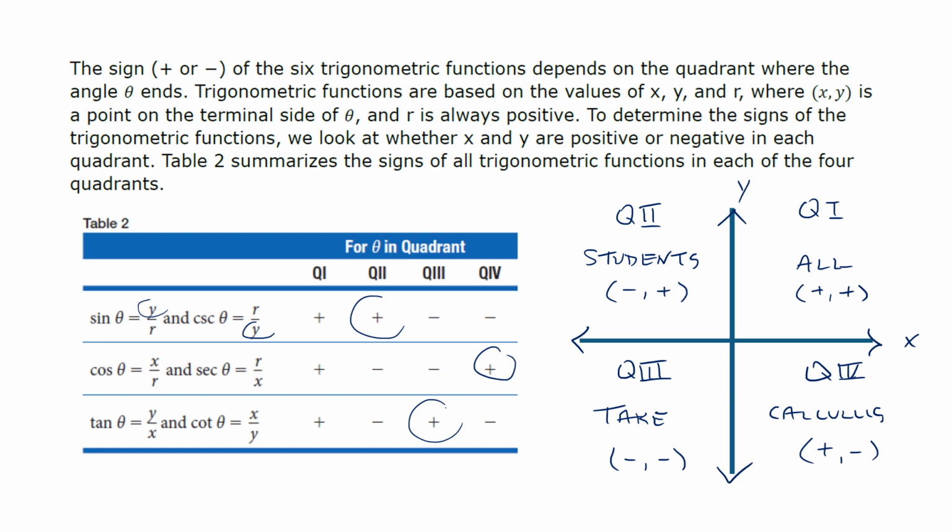So all, meaning all of the 6 trigonometric functions. Students, that would be sine and cosecant. Take, tangent and cotangent. Calculus, cosine and secant.